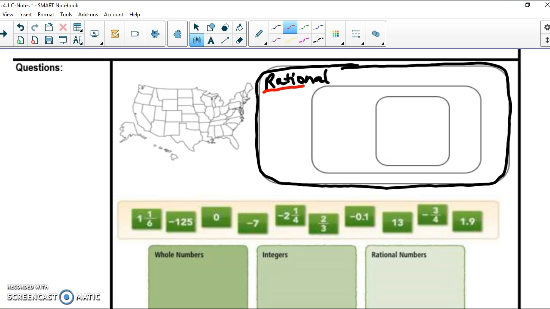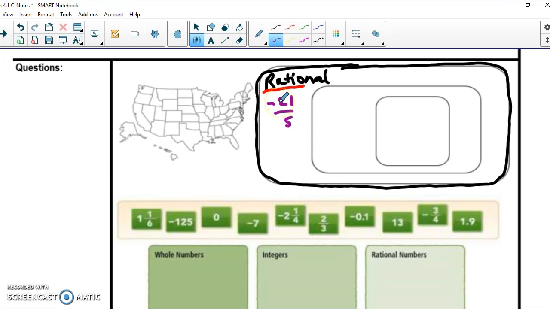So here are some examples of rational numbers. Negative 21 fifths. This is already written as a fraction or as a ratio, so I know it's rational.